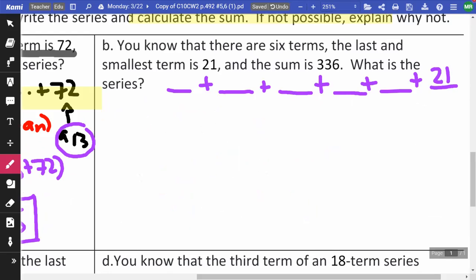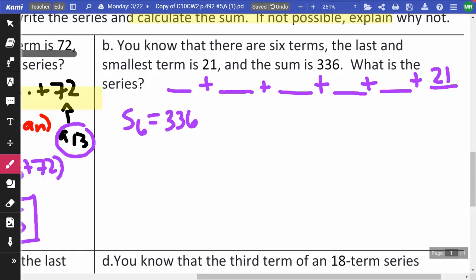If it's the smallest one, it means that we are really subtracting here. We also know that the sum of these 6 terms is 336. We want to know what is the series. I need to fill in all of those blanks.